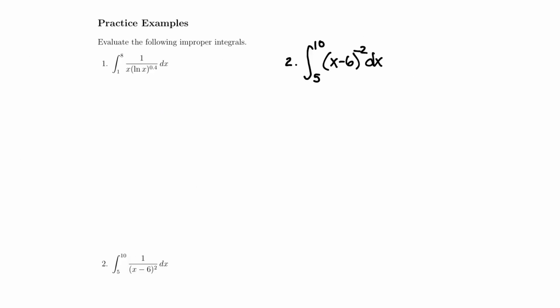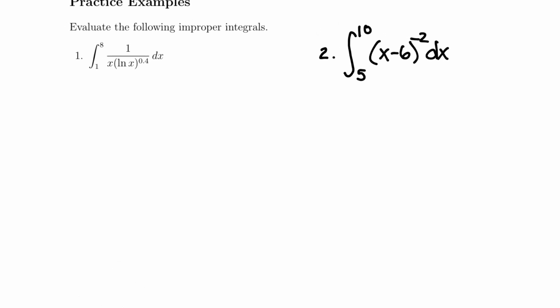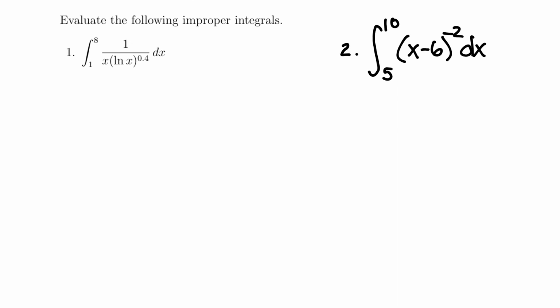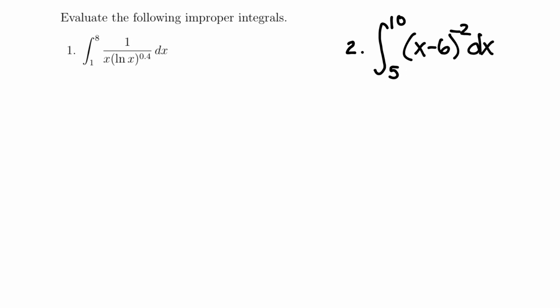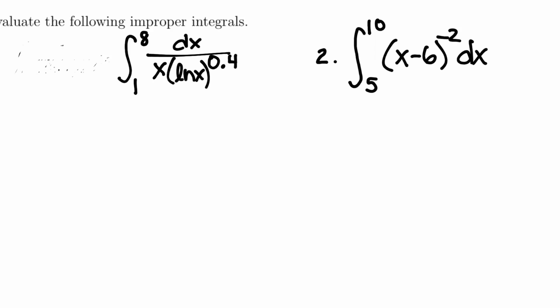Questions? So here are my 2 examples right here. Your job is to recognize that with type 2 improper integrals, there's an asymptote or a discontinuity problem that you have to discover and then replace with the letter t or b or a or whatever letter you choose.